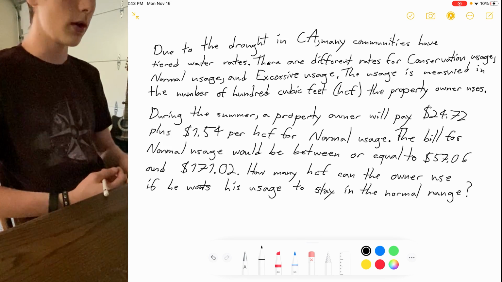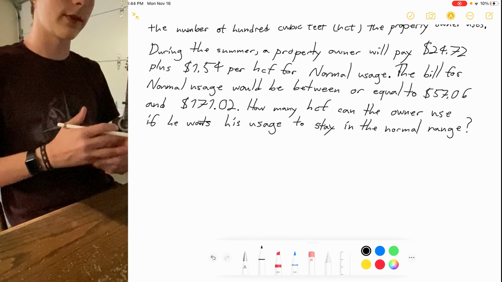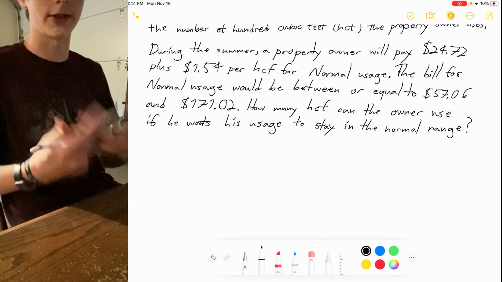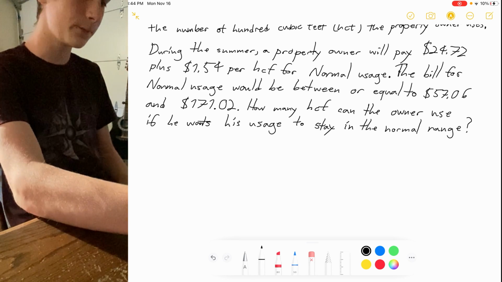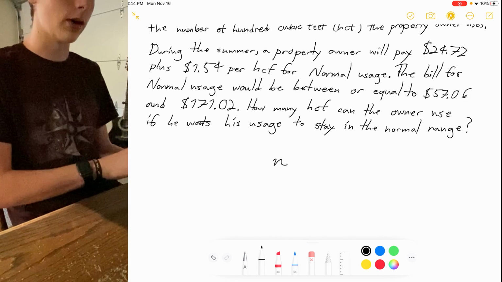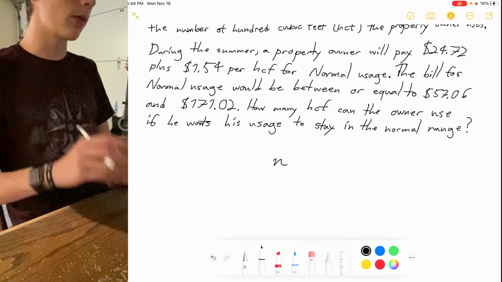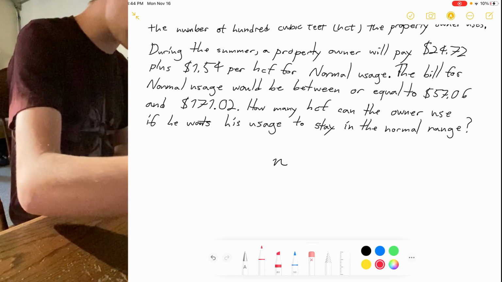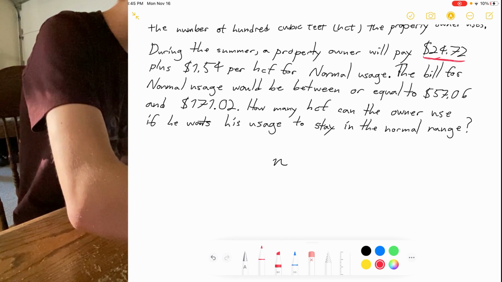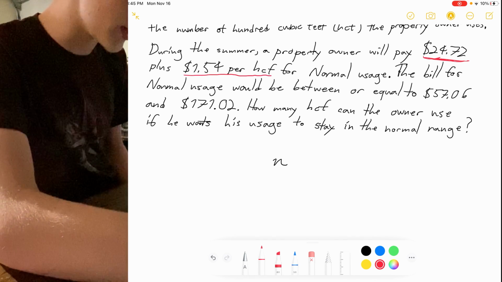How many HCF can the owner use if he wants his usage to stay in the normal range? What does that mean? So we know that his usage is calculated in the number of HCF that he uses. So we're going to call that N. And then what we want to do is calculate what his bill is going to be based on that. So what we get from the problem is he's going to be paying $24.72 plus $1.54 per HCF.